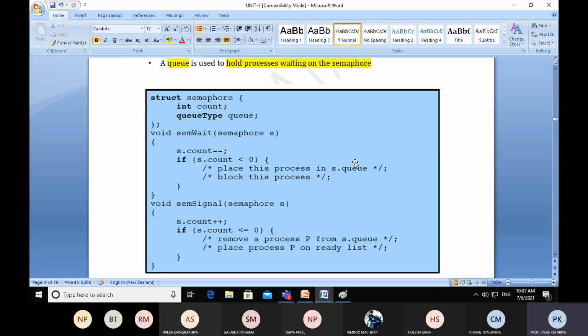Here we have maintained s.q, that is, a semaphore structure having a data structure q which maintains the processes that are currently blocked. Right? So we have to remove a process P from s dot q, and q is the data structure used to hold the processes that are currently blocked. One by one we have to remove that process from the queue. Now place process P in the ready state. We have to switch from the waiting state to the ready state. That is done by the seam signal procedure.